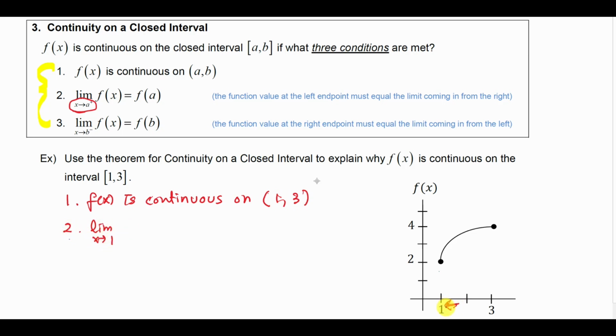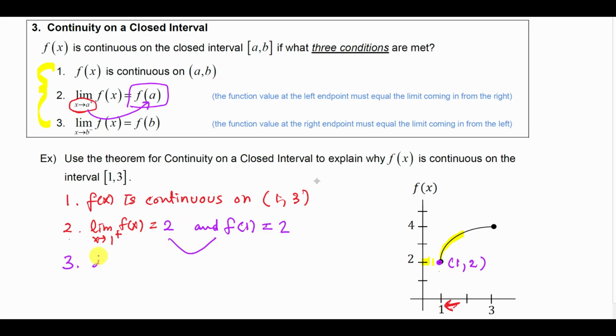So I can only talk about the limit from the right of f of x, and you can follow your graph and see the limit is 2. And what's f of 1? Because that's got to be equal to the function value, right? So f of 1, since this point is f of 1, it is 2. And yes, they do match.